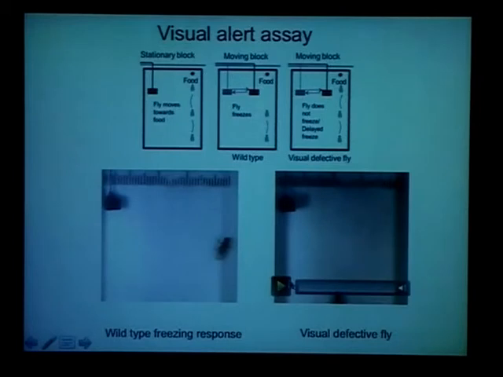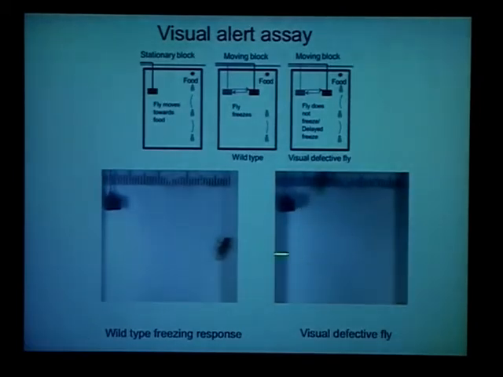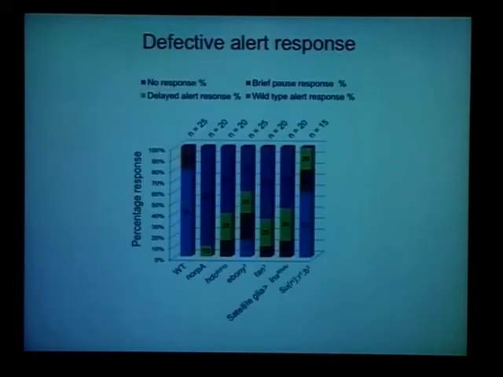In knockdown or visually defective flies, these flies do not show the wild type freezing response. Based on this, we quantified this behavior, and we found that these knockdown flies show similar behavioral abnormalities as other histamine recycling mutants.